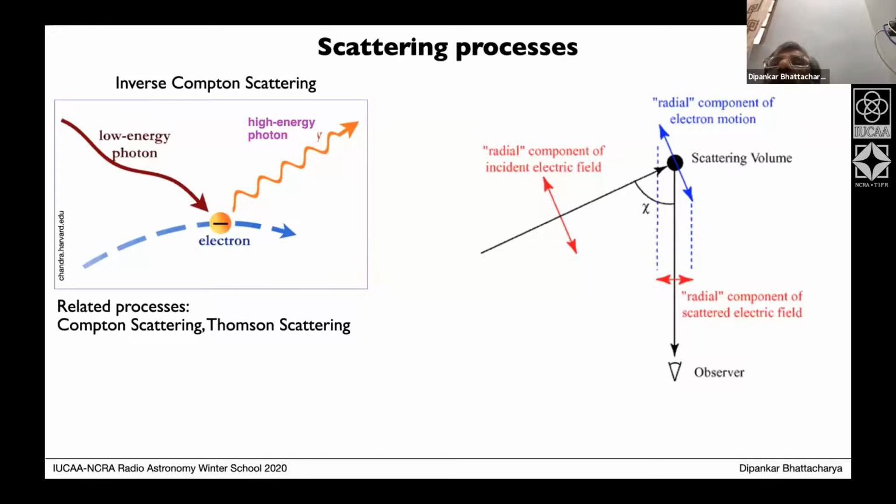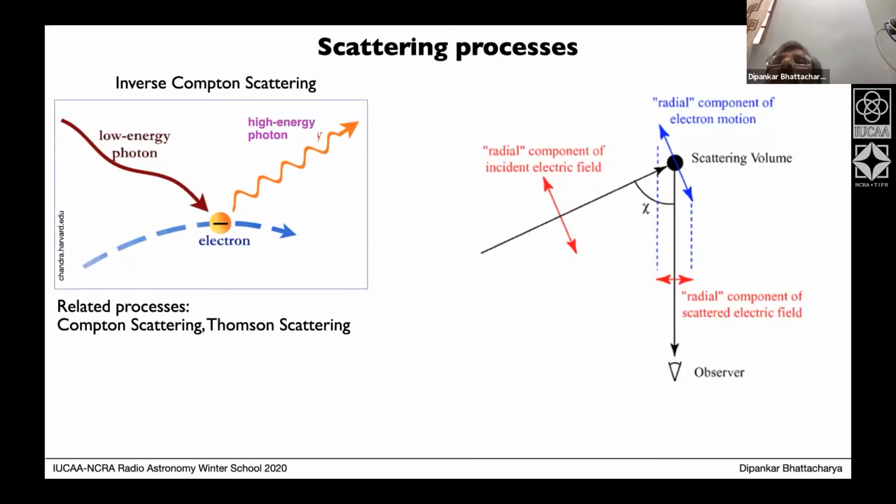If the photon happens to be of very high energy and the electron is not so high energy, then the photon can transfer some energy to the electron, speed up the electron, and the photon will lose its energy. In the other extreme, if the photon is of low energy and the electron is moving very fast, then some of the kinetic energy of the electron can be transferred to the low energy photon, and it can become a high energy photon. This is called Compton scattering.